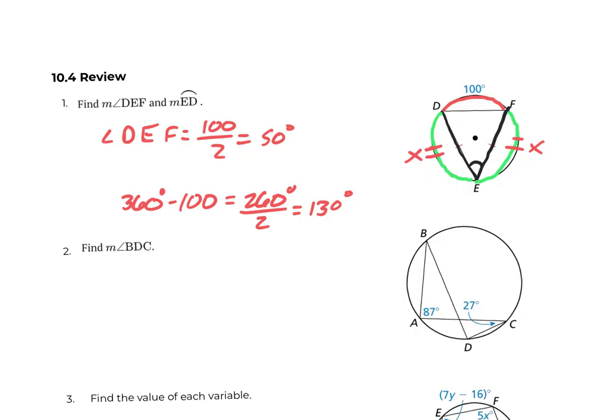All right, let me ask you this real quick here. What if I did this? And let's say I call this A right here. And I ask you to find angle DAF.